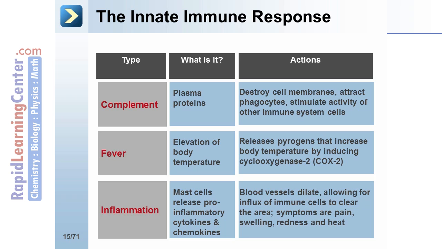These agents cause local blood vessels to dilate, which allows for an influx of immune cells to clear the area of pathogens and remove any cellular debris. The increased blood flow is usually accompanied by the typical signs of inflammation, which include pain, swelling, redness, and heat.